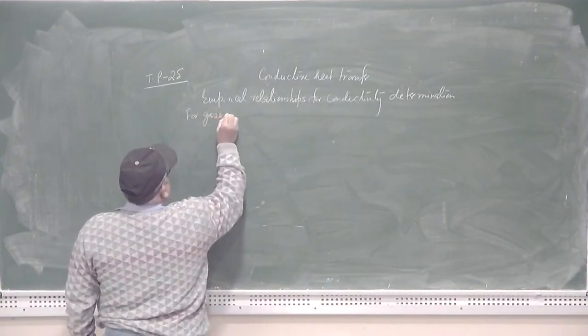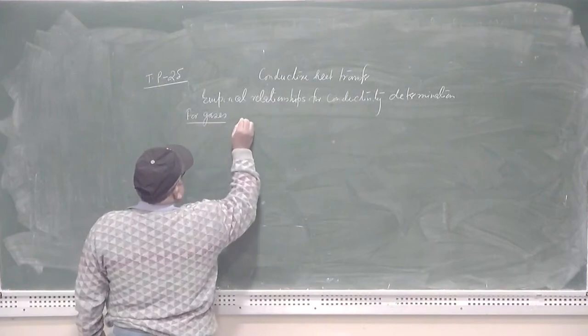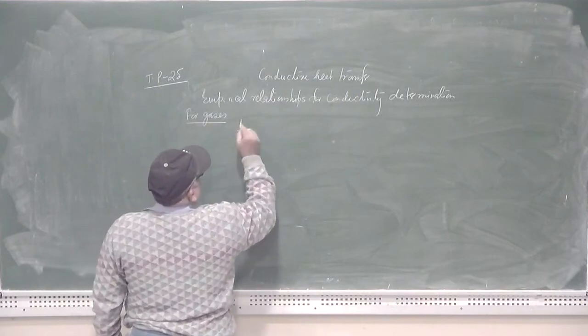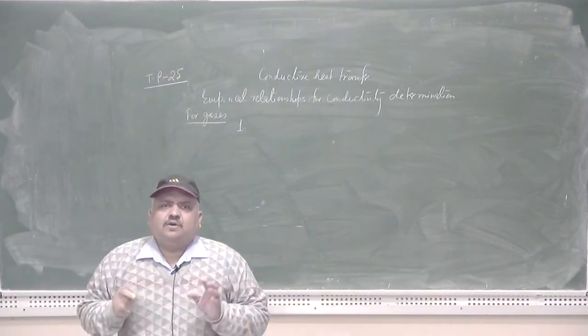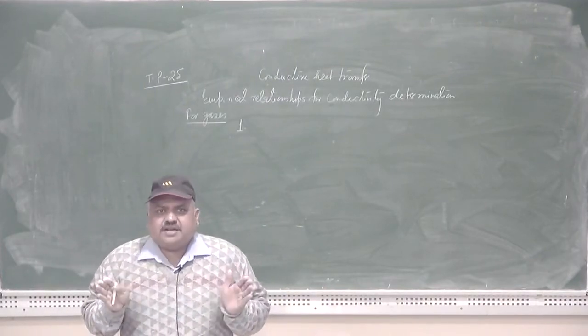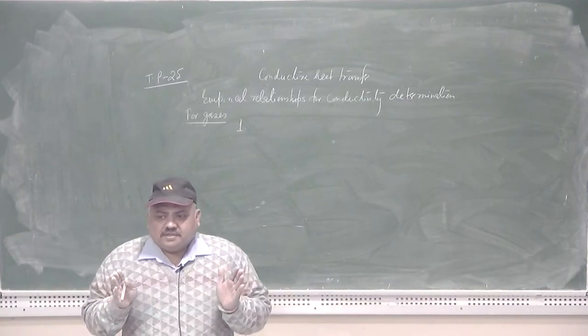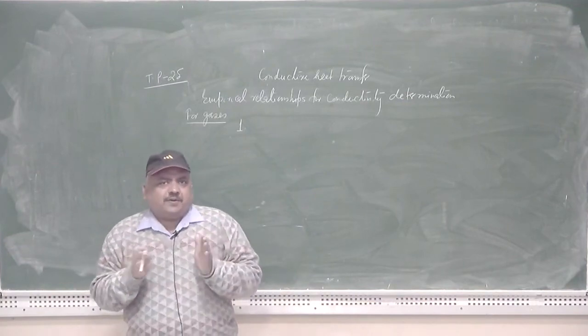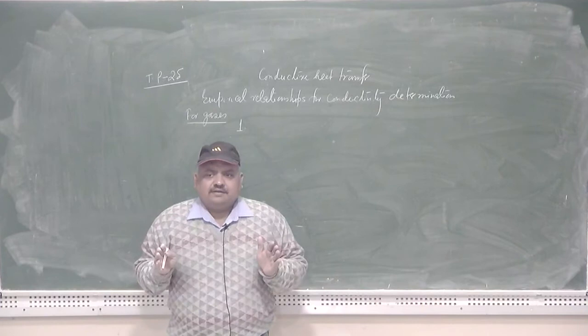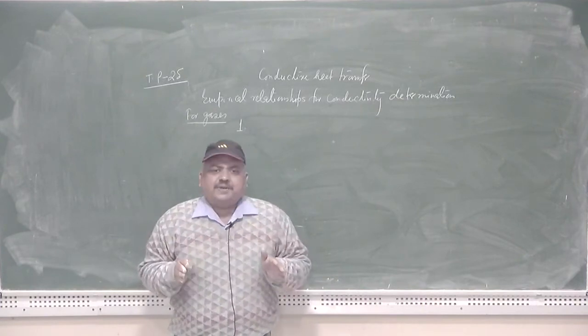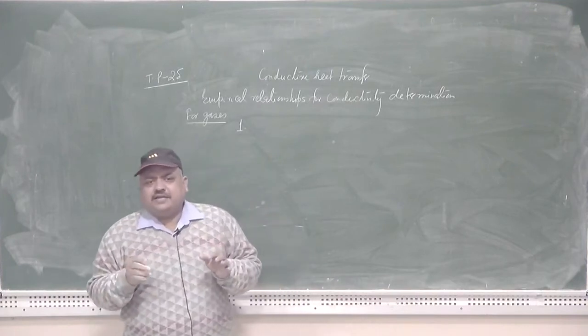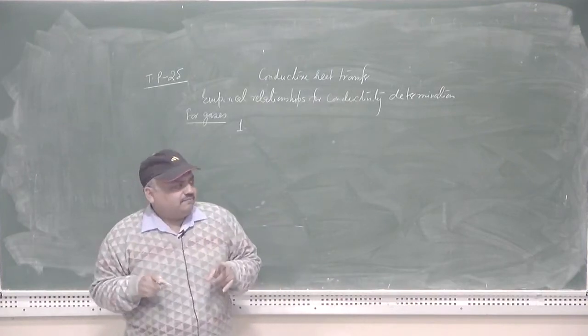Now, for gases, number 1, empirical relationship means the relationship which is valid for a certain condition. So, the relationships which are valid for a certain condition, that condition being self-explanatory in the equation itself.